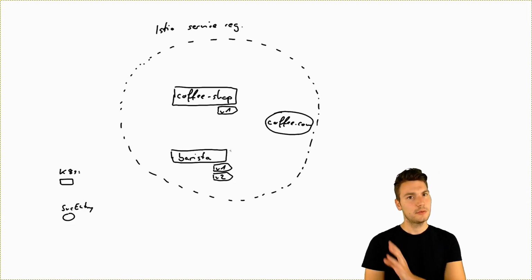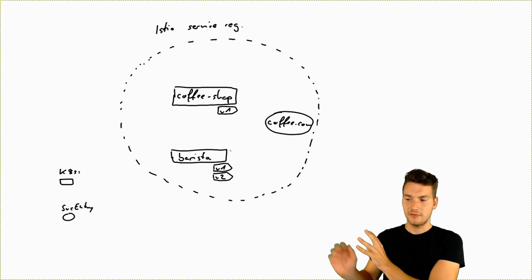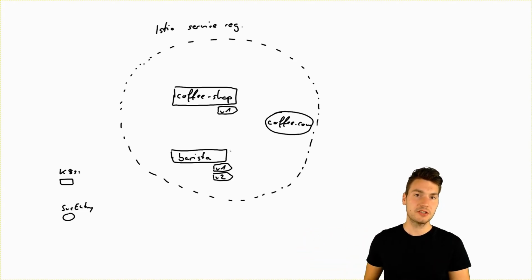So again, first of all, we need to take into account that all of that is now part of the Istio service registry. First of all, we only consider our platform services. They are part of the registry, coffee shop and barista, and they ultimately will be used to accept traffic.